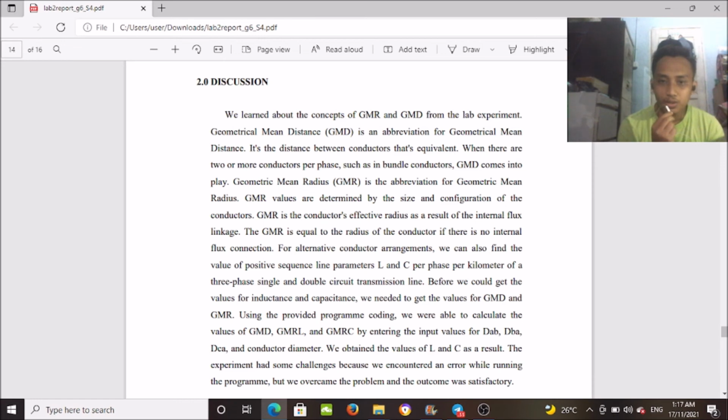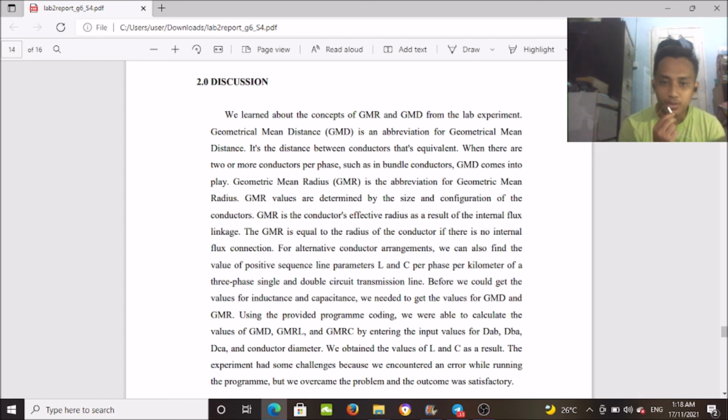For alternative conductor arrangements, we can also find the values of the positive sequence line parameters L and C per phase per kilometer of the three-phase single and double circuit transmission line. Before we could get the values of inductance and capacitance, we needed the values for GMD and GMR.